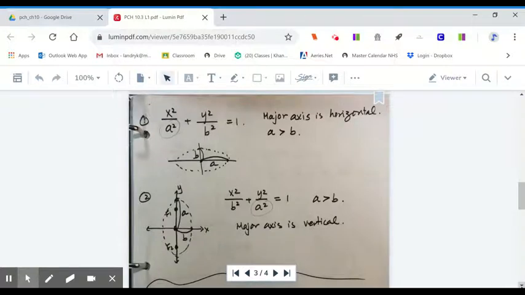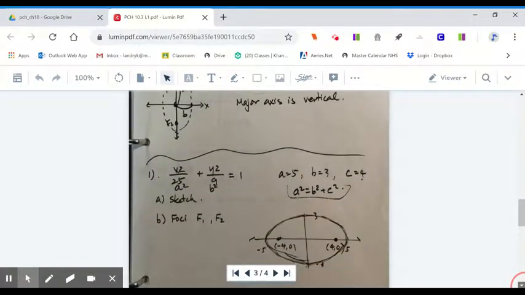Here's another example where the center is at 0, 0, and this is a horizontal major axis, the equation of the ellipse. It's the same situation but with a vertical major axis, and the a squared just switches sides, goes under the y squared.